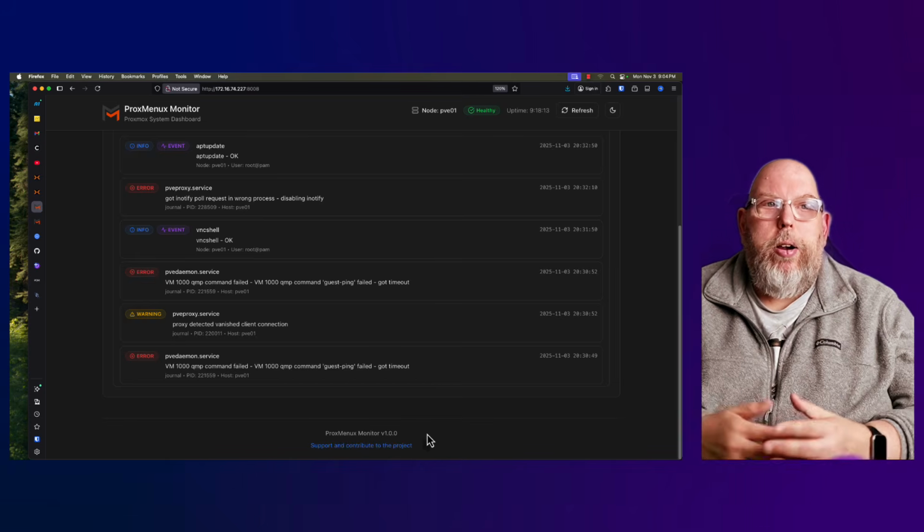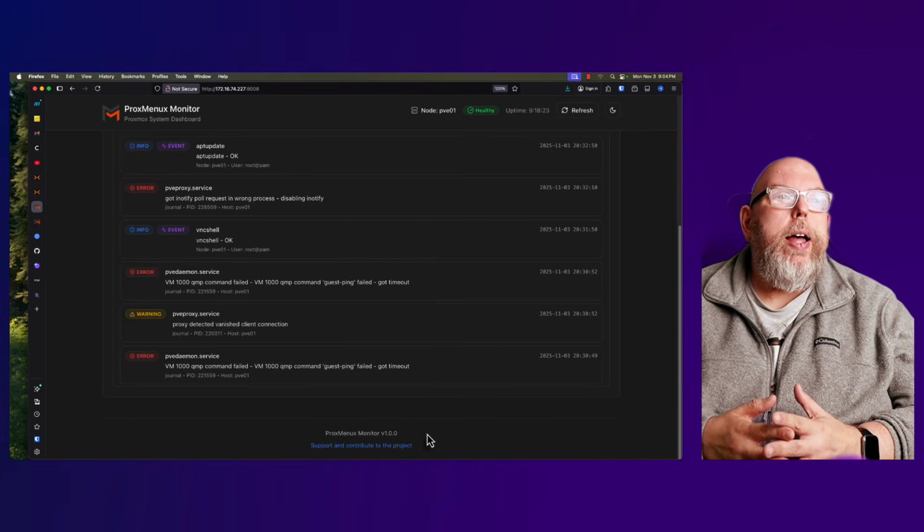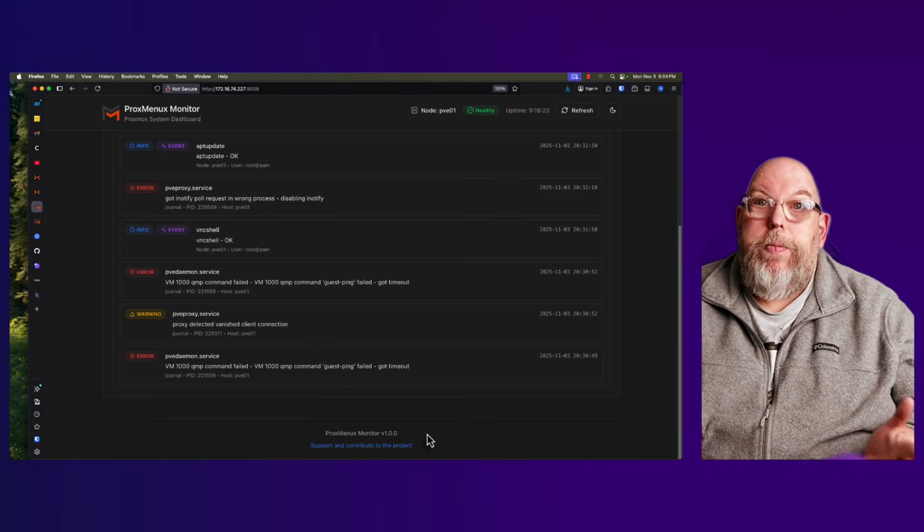So there are a few pros and cons of each system, but the nice thing is that we've got some choice. So, what would you use each of these for? If you've got a one-off system, then the Proxmenux solution may be better for you.